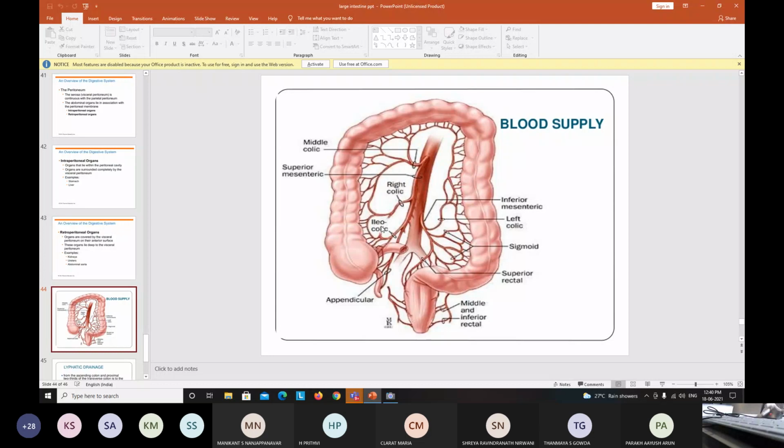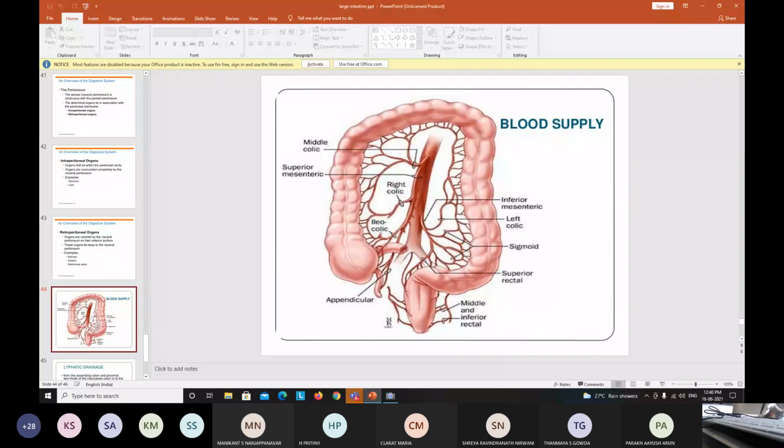Right colic, ileocolic. See, this is right colic because it is going towards the right, towards the colon. This is going towards the colon again, but nearer to the ileum. Like that, you have to remember ileocolic. Now the inferior mesenteric: it goes to the left side towards the colon, so left colic, then towards the sigmoid, then above the rectum, the superior rectal artery.